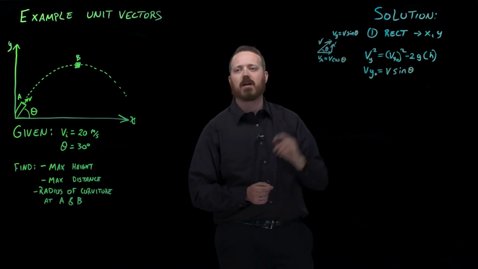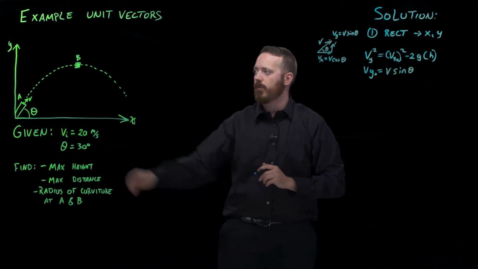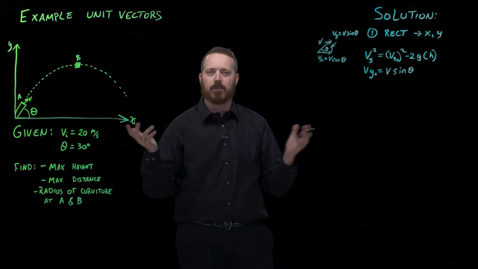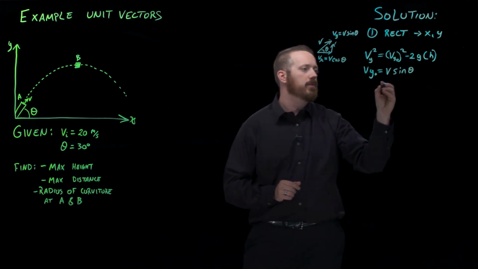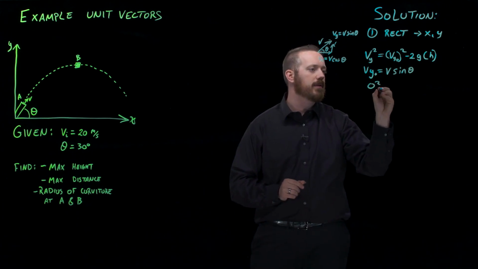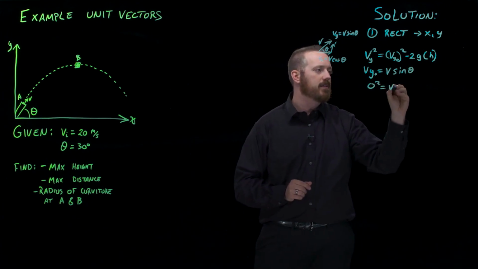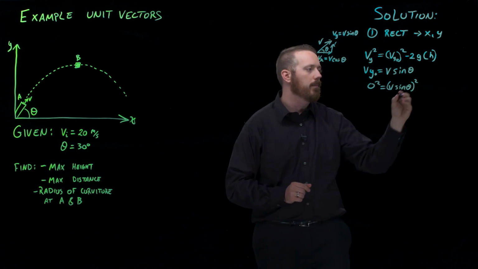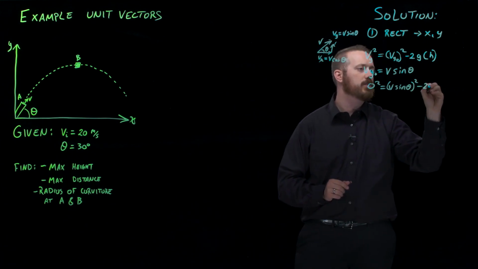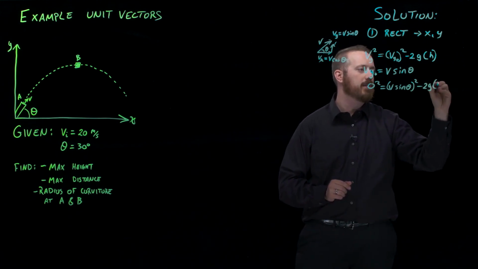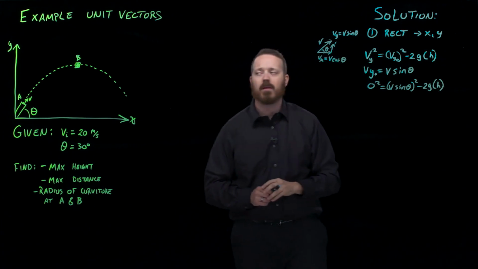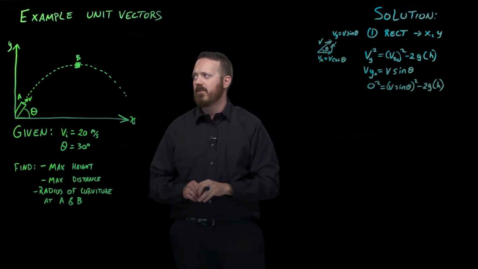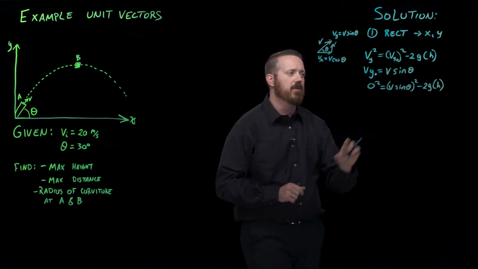And what is the velocity in the y direction when it reaches the very top of its path? Well, that's 0. So 0 squared equals V sine theta squared minus 2g times h. We can use that to find out the height it's going to travel.